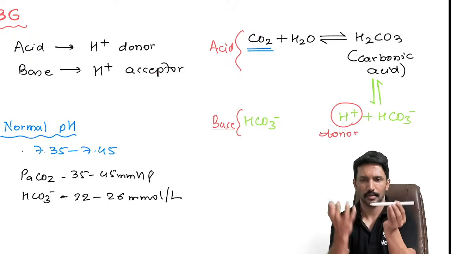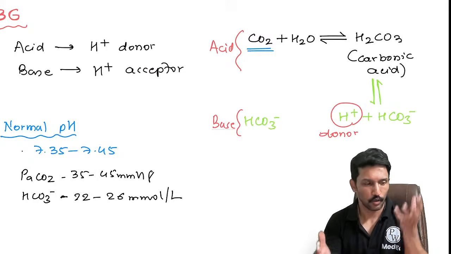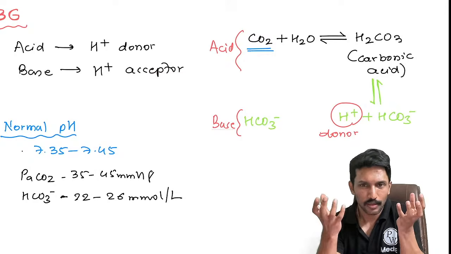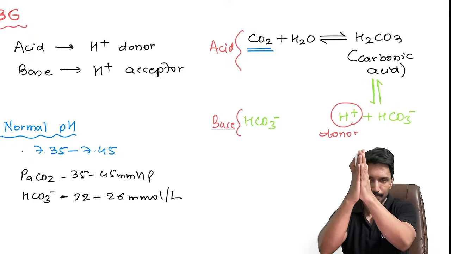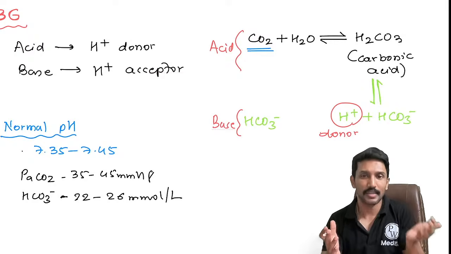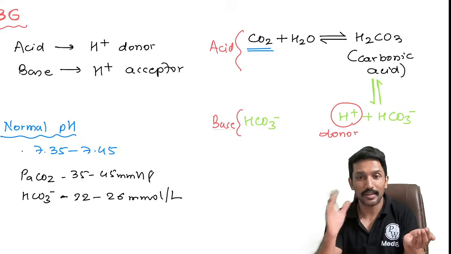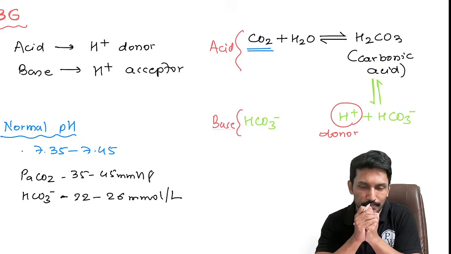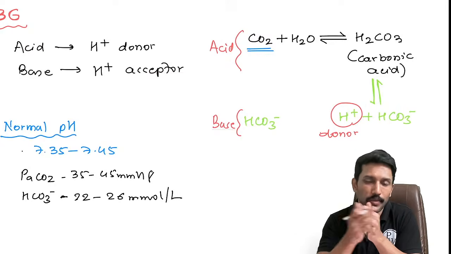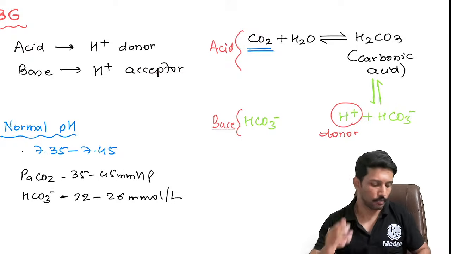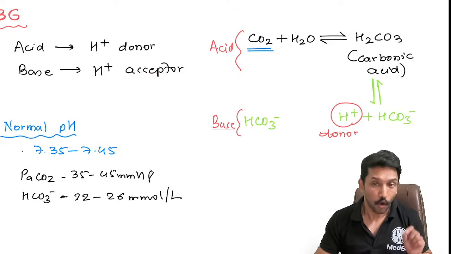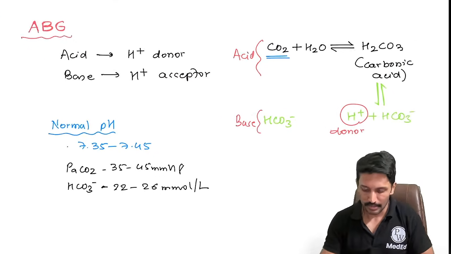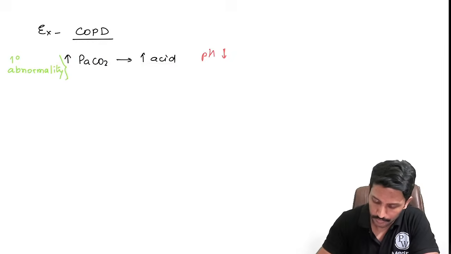Just think about it. Like we have a weighing scale, on one side carbon dioxide, on the other side bicarbonate. And when they are in right balance, you have the right pH. But if the carbon dioxide increases, how do I get the pH back to normal? What should I do with the base? Excrete or get more base? Not decrease. Remember, this is the point I want to stress upon.